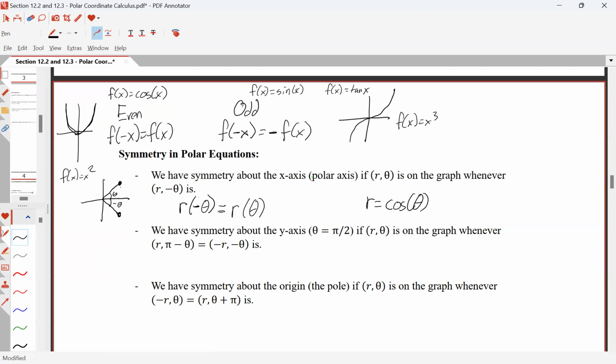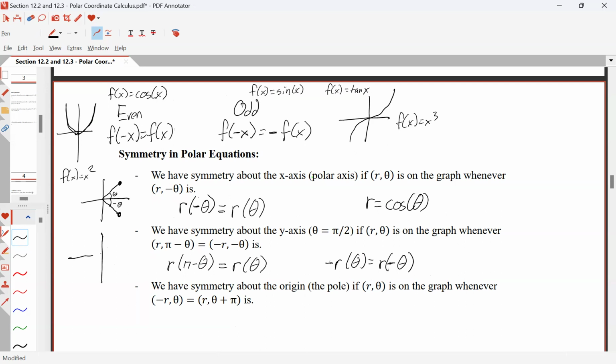Symmetry about the y-axis is going to look like whenever r comma pi minus theta, or negative r, negative theta, is on the graph, so is r, theta. We can check for this by either plugging in pi minus theta and seeing if that's the same as r, theta, or we can check for this by saying is negative r, theta the same as r comma negative theta. If those two things come out to be the same, then there will be symmetry about the y-axis.